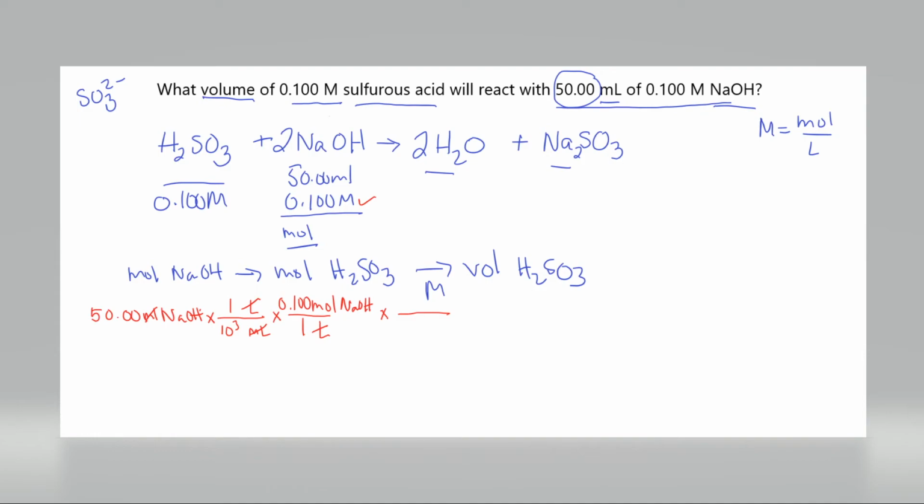Now we want to get to moles of this compound. So what is the ratio? Well, for every 2 moles of NaOH, we have 1 mole of sulfurous acid. If we stopped here, we'd be at moles, which would be cool. But we want to get to volume.